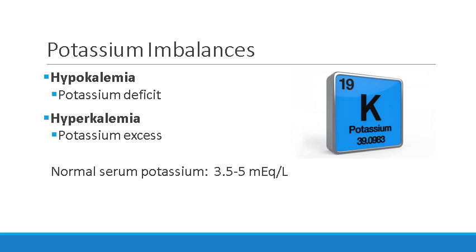Really important to think about potassium imbalances, whether they are hypo or hyper, any sort of potassium imbalance can lead to cardiac dysrhythmias that can be life-threatening. Okay, so when your client has a potassium level that is not within normal range, you need to be concerned because it could put them at a lot higher risk for cardiac dysrhythmias.